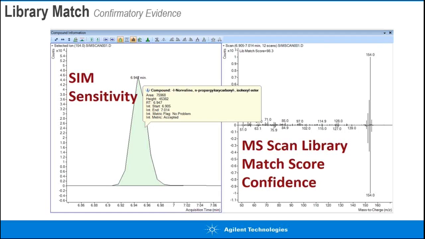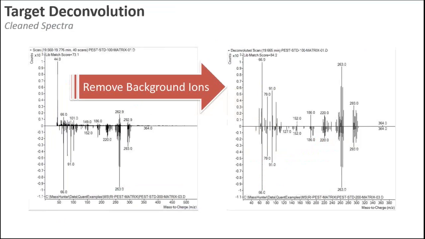And I'll show you another way which is new. So this is some of the innovation that the product brings. There is a technique that is called deconvolution. You might think of it as a sophisticated way of cleaning up the spectra because it takes out ions which don't form the same model peak shape together. So here we have a lot of 44 in the background.